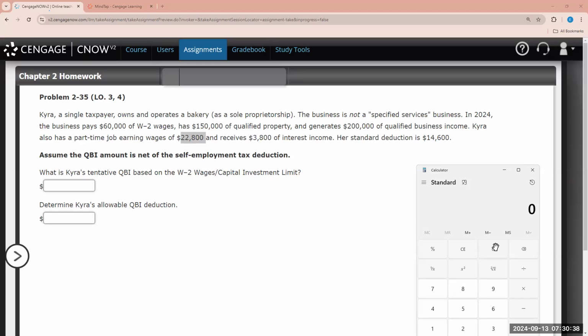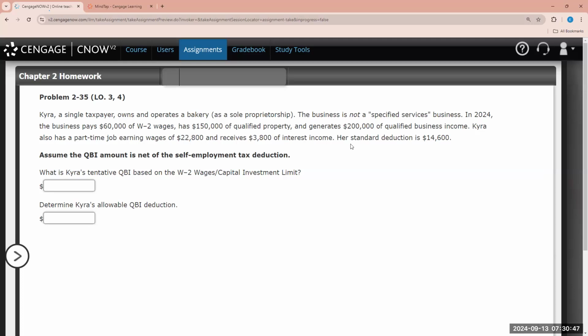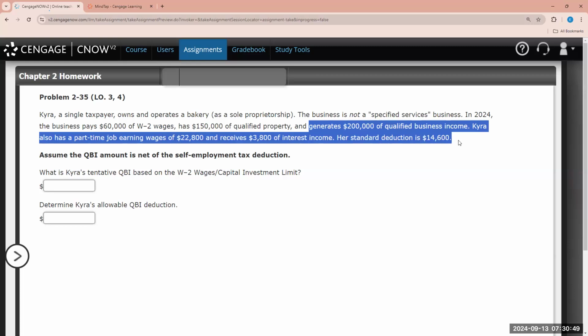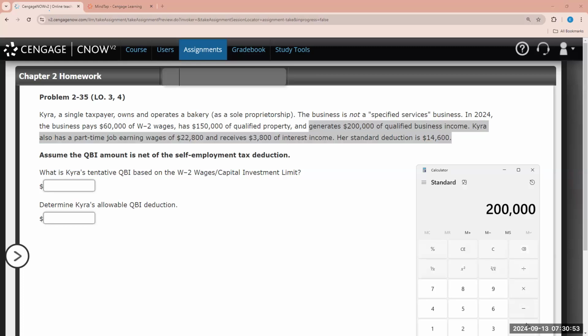So I'm going to go over that again quickly. $200,000 of qualified business income, 22,800, and all the information is here. 200,000 of qualified business income plus 22,800 of part-time earnings plus 3,800 of interest income. That gives us her gross income.